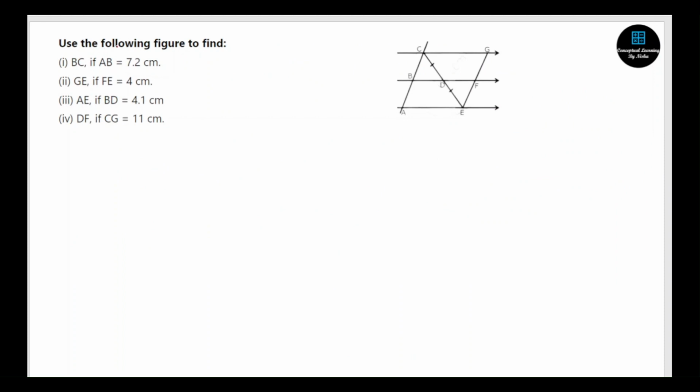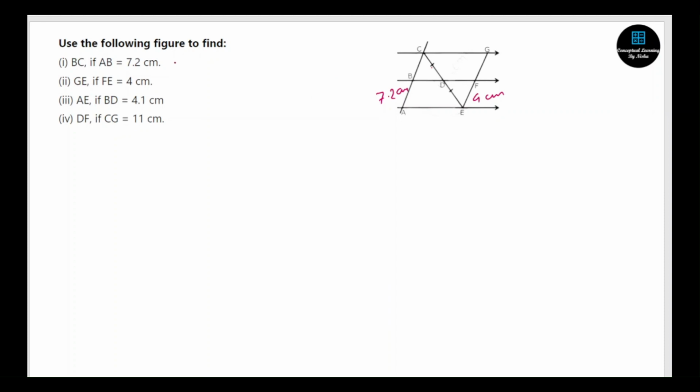Now, we are given some facts, okay? So here these lines are parallel and the intercepts are given equal. See, CD equals D is given, and we are given some values. So let's say which values. AB is given 7.2 centimeter. EF is 4 centimeter.